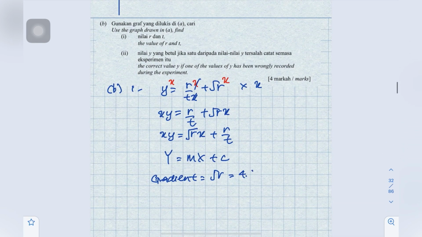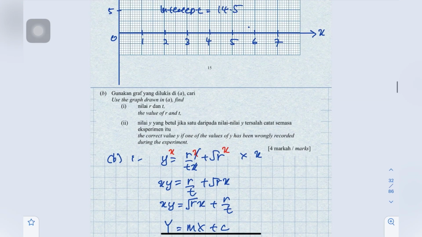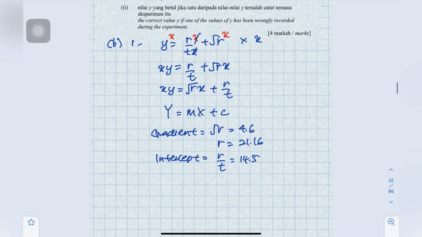Okay, so then to find R, 4.6 squared equals 21.16. Okay, sama jugalah. So for intercept is R over T. Intercept kita tadi 14.5. So kita nak cari T. R kita tahulah 21.16 kan.